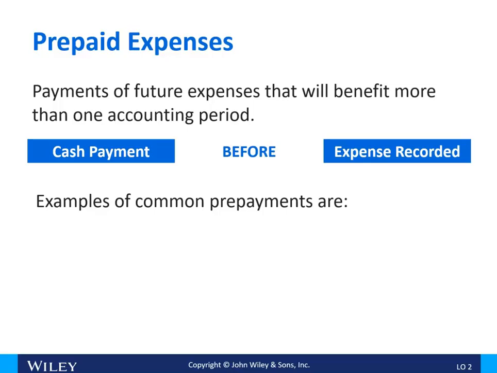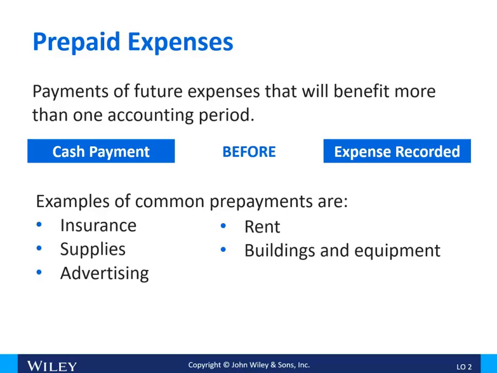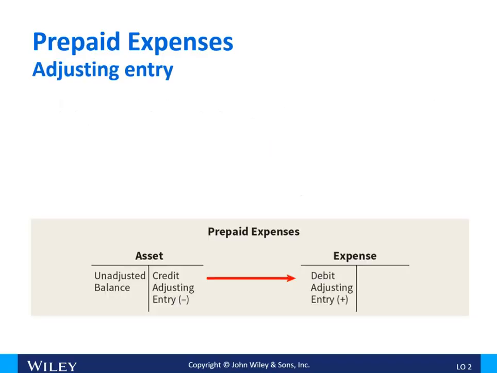What are some common prepayments? Insurance, supplies, advertising, rent, buildings and equipment. In all of these examples, we typically pay cash first, but we don't use up the asset or record the expense until a time in the future, and a lot of times it's more than one accounting period.